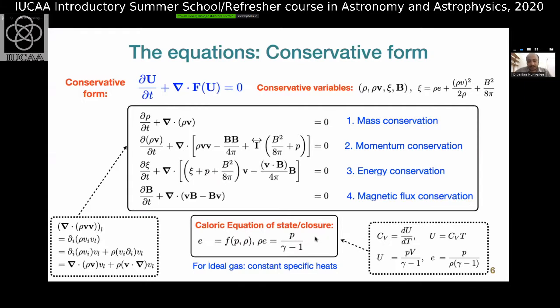Again, what this essentially implies is that the specific heat at constant volume is constant. Under this assumption, you can simply rederive the caloric equation of state, but again, that's too technical. So essentially what you have to remember is that you solve the mass equation, the momentum equation, the energy equation, the magnetic flux conservation equation, and an equation of state that relates your internal energy to the pressure.